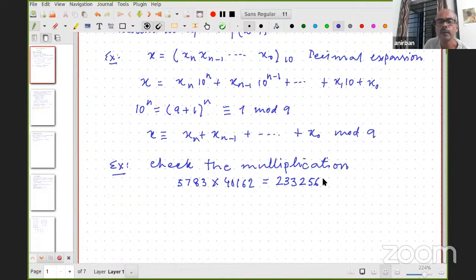Just use this trick to check if this calculation is correct.